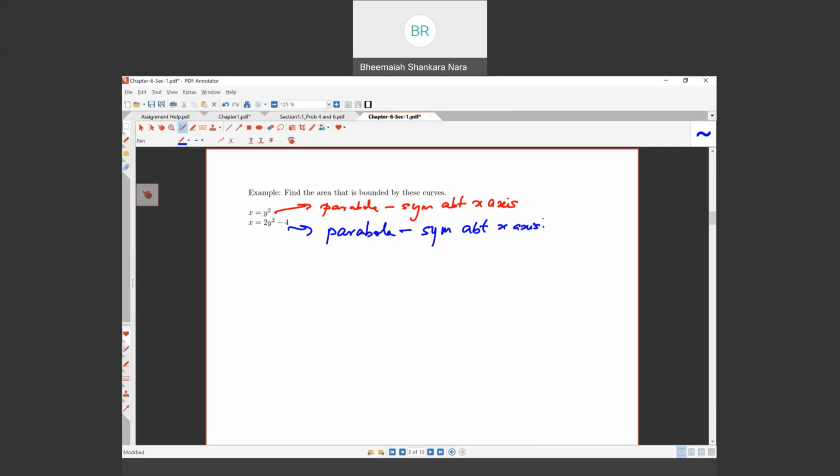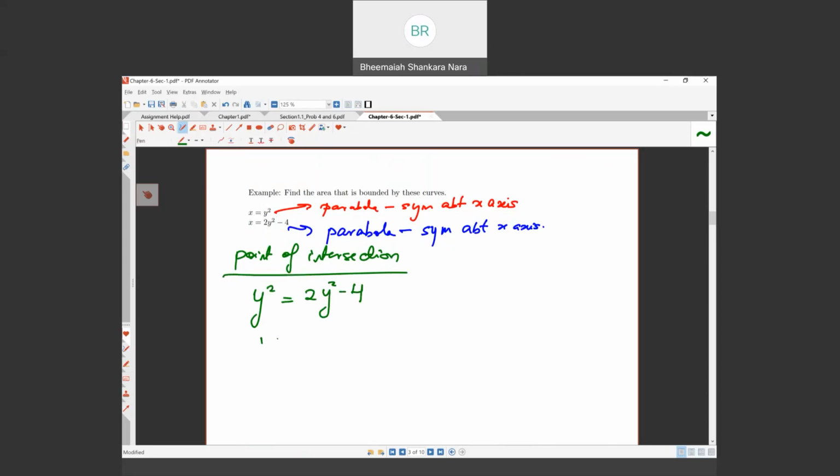Before you try to trace this curve, I would suggest you solve the point of intersection so that whatever we draw relates to this problem. So let's do the point of intersection solving. We equate the right hand sides. We have y squared equals 2y squared minus 4.